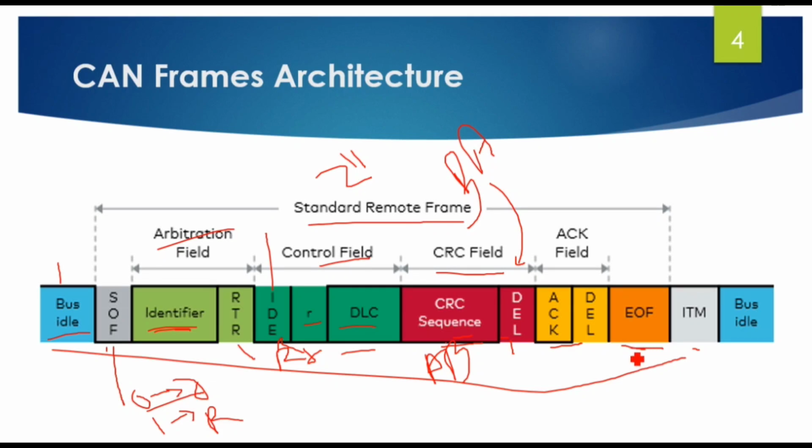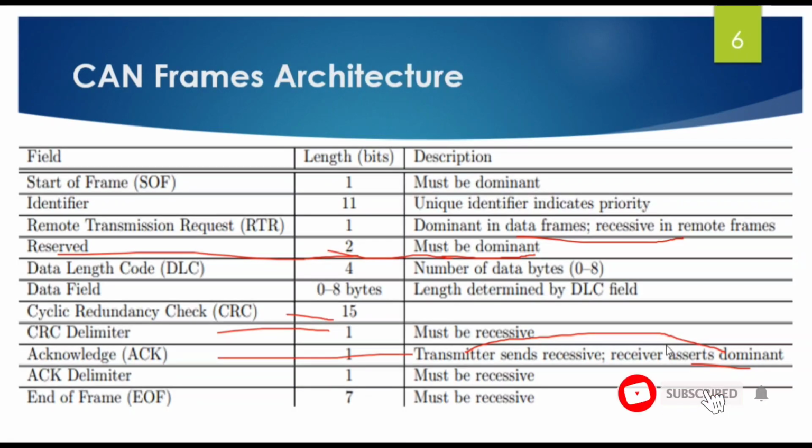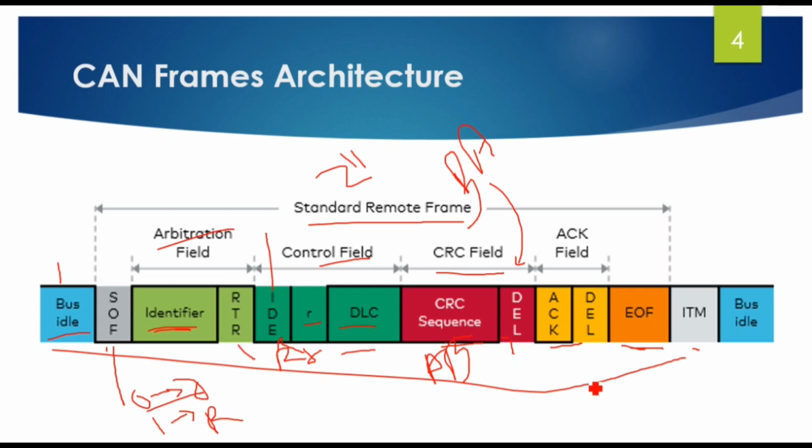And the next one is end of frame. The end of frame consists of 7 consecutive recessive bits, marking the end of the frame. Okay, so here the end of frame must be recessive, 7 bits.